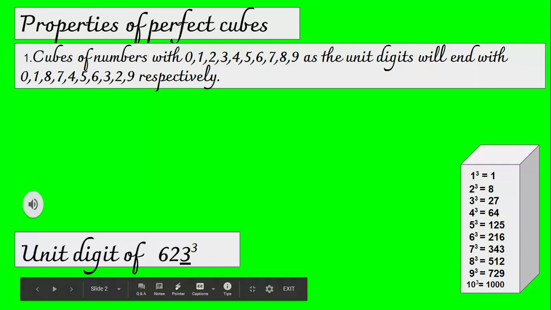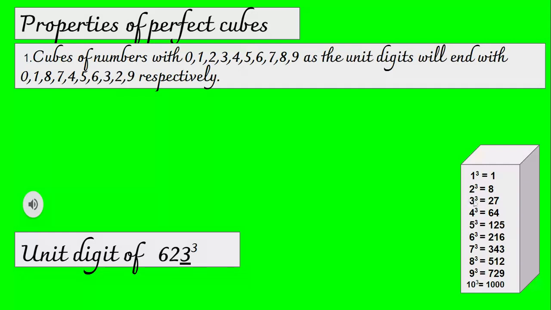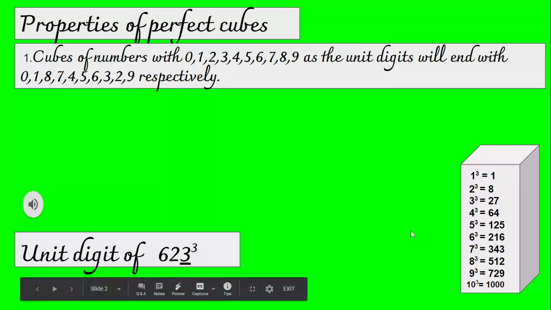Any number ending with 1, its cube will also end with 1. Any number ending with 2, their cube will end with 8. Any number ending with 3, their cube will end with 7, and so on. So just by knowing the cubes of the first 10 numbers, you can predict the unit digit of the cube of any number.